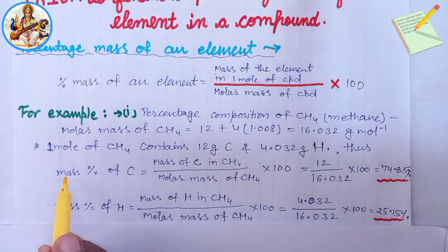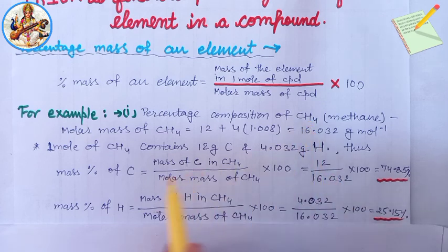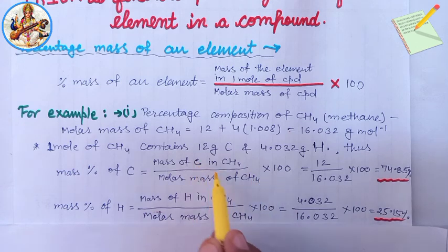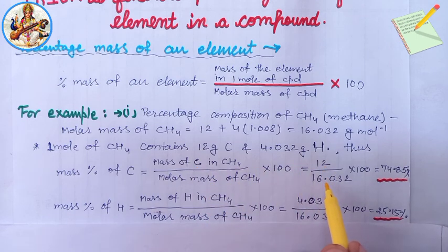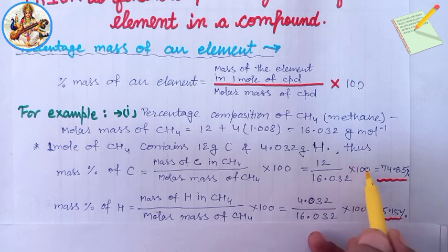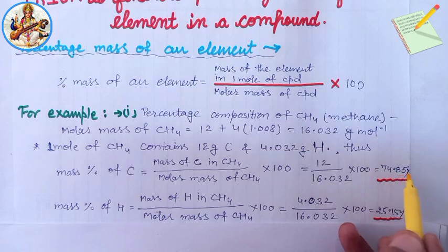Thus, mass percentage of carbon in methane is equal to mass of carbon in methane into 100 divided by molar mass of methane. When we put all these values in the formula, 12 upon 16.032 into 100, the resultant value is 74.85%.